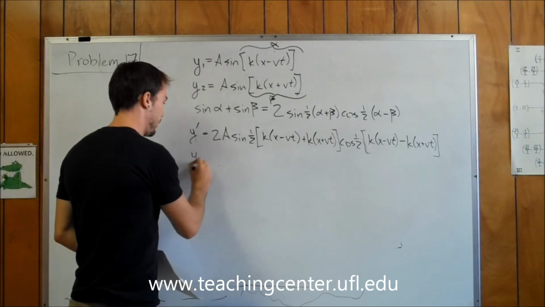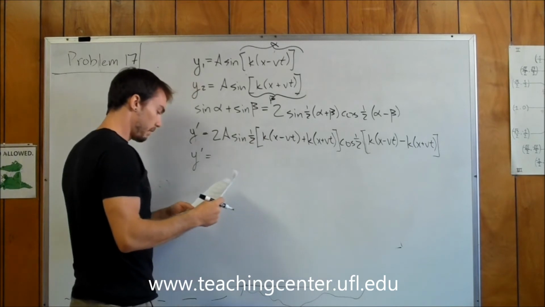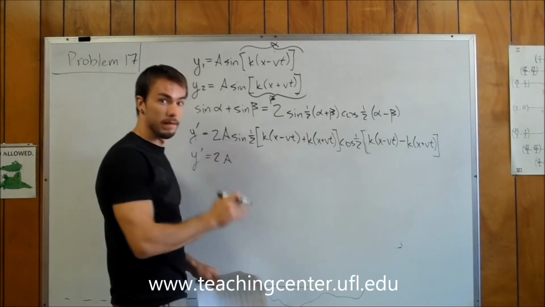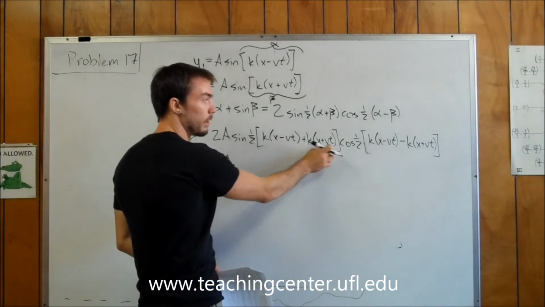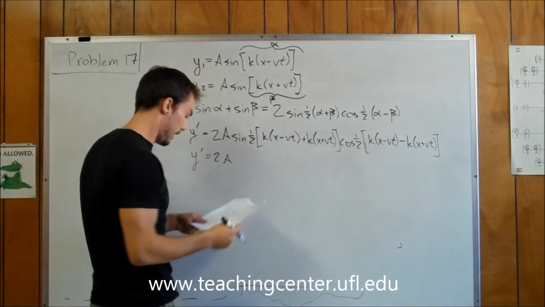I highly recommend that you go through and reduce everything. I'm just going to write out what the final equation looks like. When I did it, I distributed all the individual terms, and a lot of stuff canceled out.